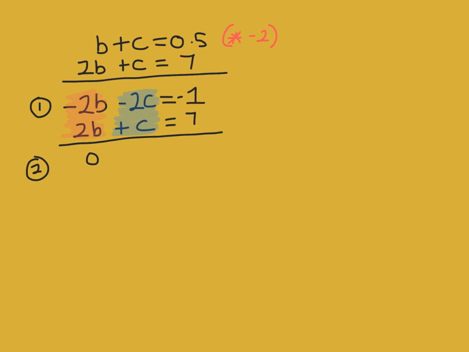So -2c plus 1c gives me -1c. I'm just going to start writing that as -c to try and get you used to it. And then the final part here we have -1 plus 7. Well, -1 plus 7 is going to give me +6.